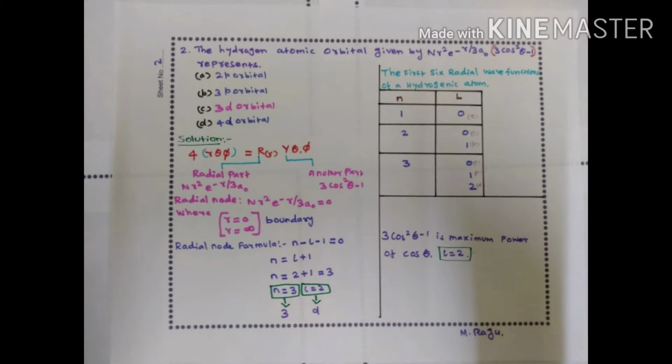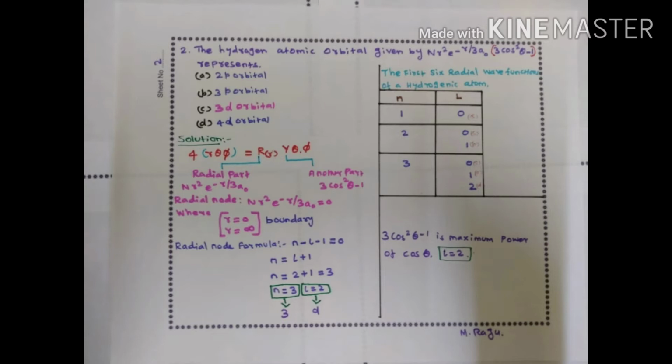See this tabular column, the first 6 radial wave functions of hydrogenic atom: n is 1, 2, 3 and L is 0, 0, 1, 0, 1, 2. 0 is the s orbital, 1 is the p orbital, 2 is the d orbital. So n value is 3, L is equal to 2. So answer is option C, 3d orbital.